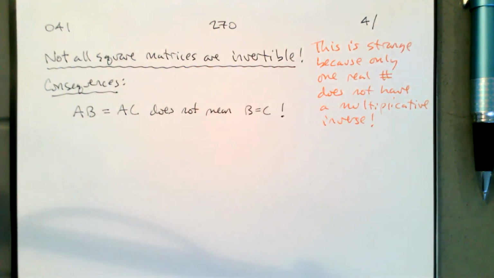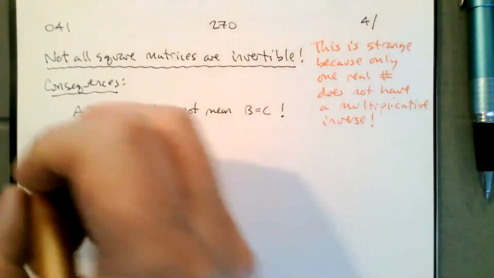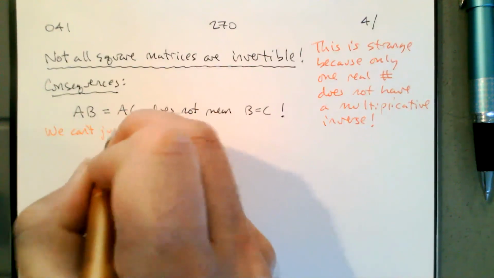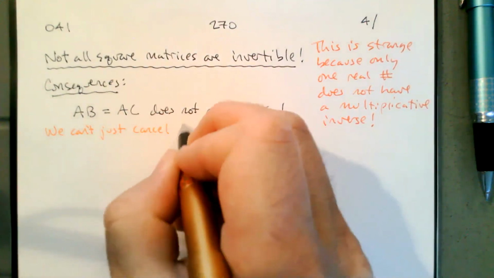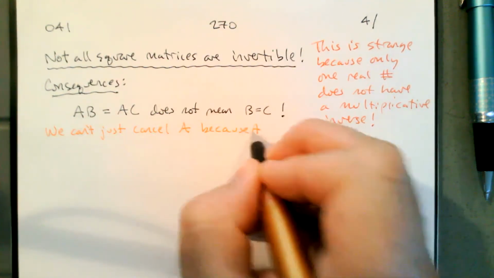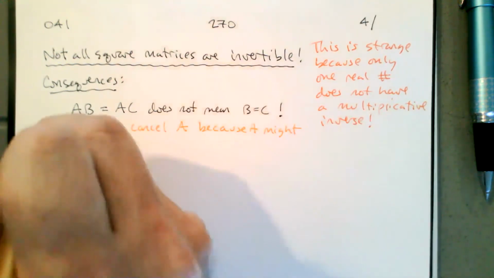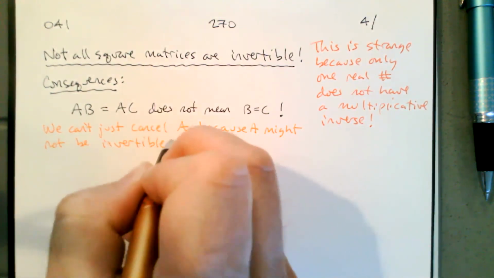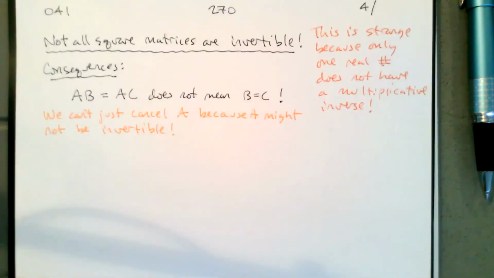We can't just cancel the A because A might not be invertible. This is one of the strangest things that we have to deal with when we're dealing with matrices.